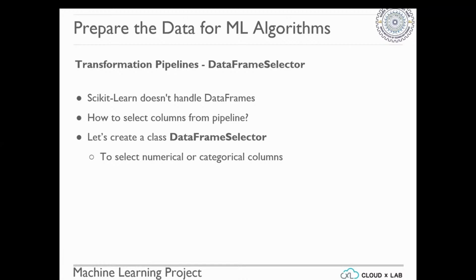Nowadays they have fixed this problem, and we can directly use a data frame as input, right? But in old versions of scikit-learn, we need to first convert data frames to NumPy arrays, and then scikit-learn can handle that data, right?